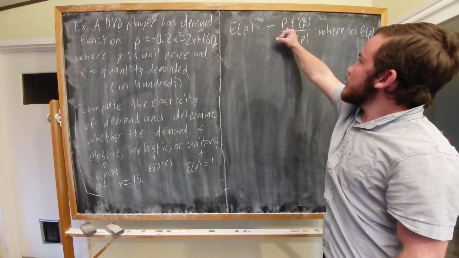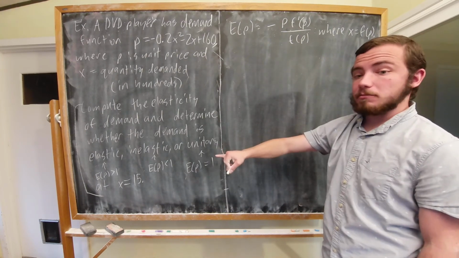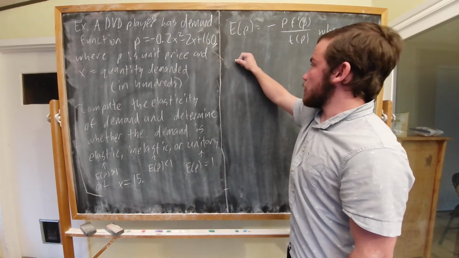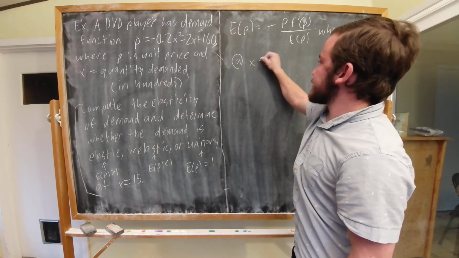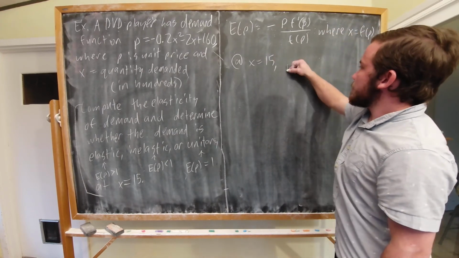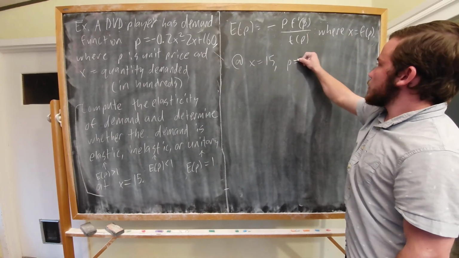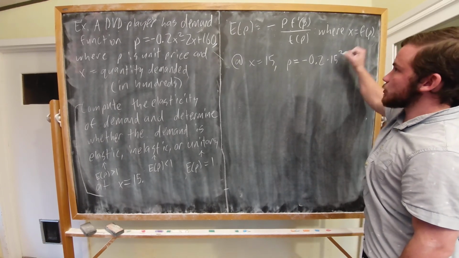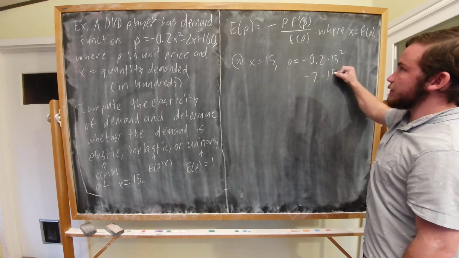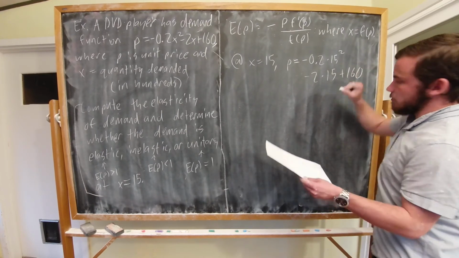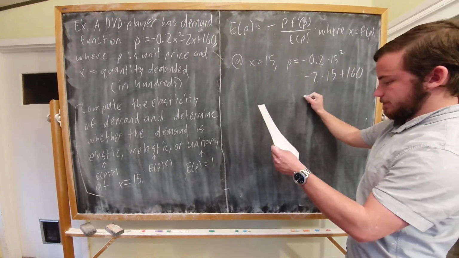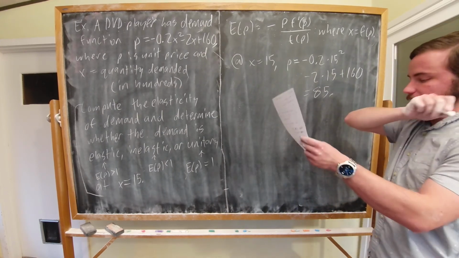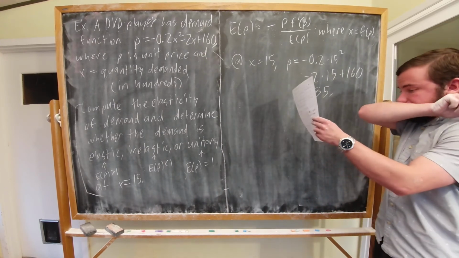I need P. I have X. Well, I have a relationship between P and X. So at X is equal to 15, P is equal to negative 0.2 times 15 squared minus 2 times 15 plus 160, which is 85. All right, so we're at a price of $85.